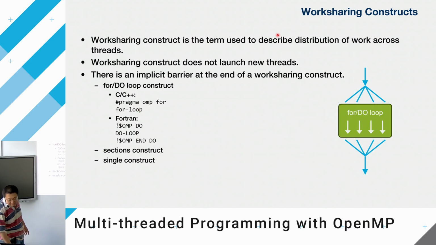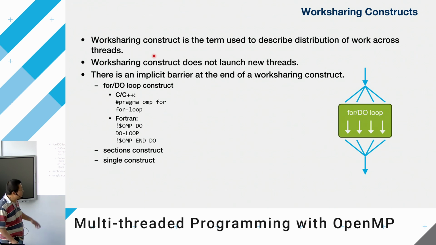And then let's talk about the so-called work sharing construct. So what's the meaning of work sharing? Basically, the principle for parallelization is very simple, right? You have a large amount of workload, and then you need to share this workload among different threads. That is why we have the so-called work sharing construct.